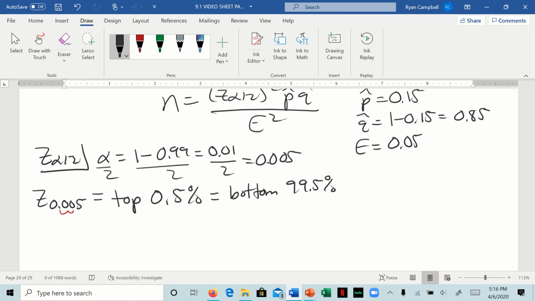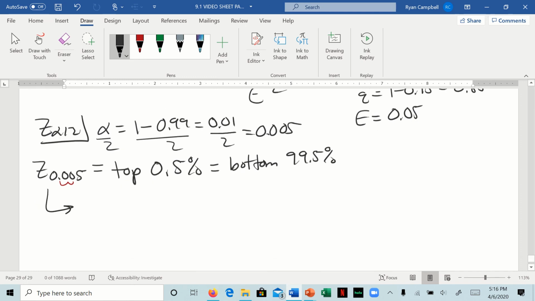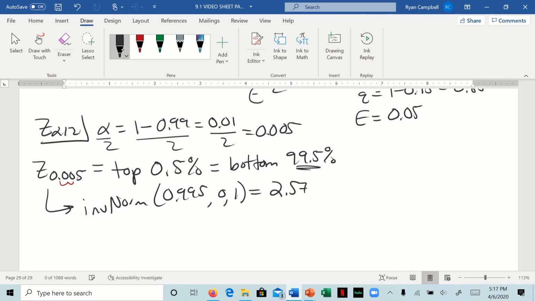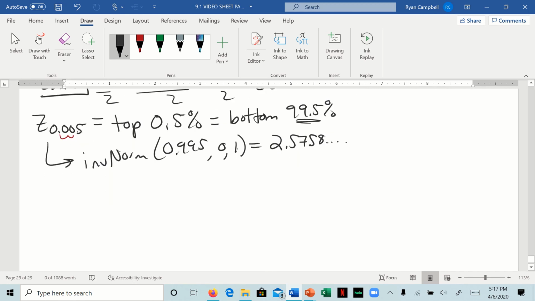All right. So, as always, since we already have the bottom percentage, we just do inverse norm, 0.995, comma 0, comma 1. We end up with 2.5758 and so on. So, typing that into our formula, we want to square it.